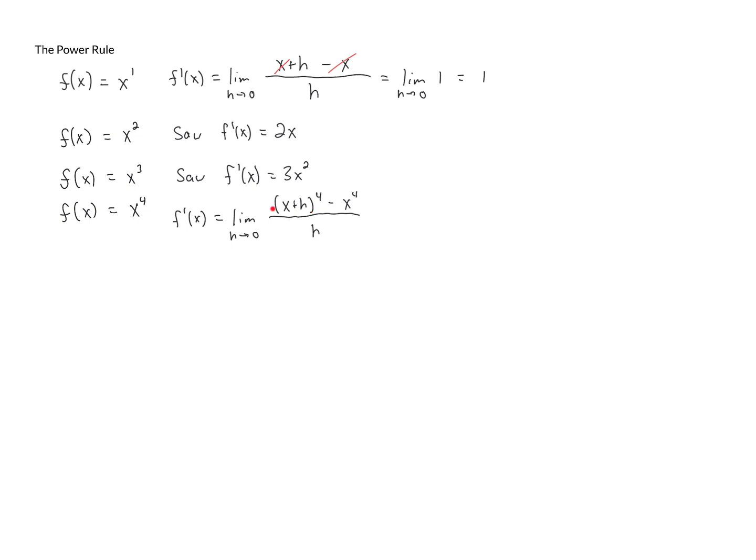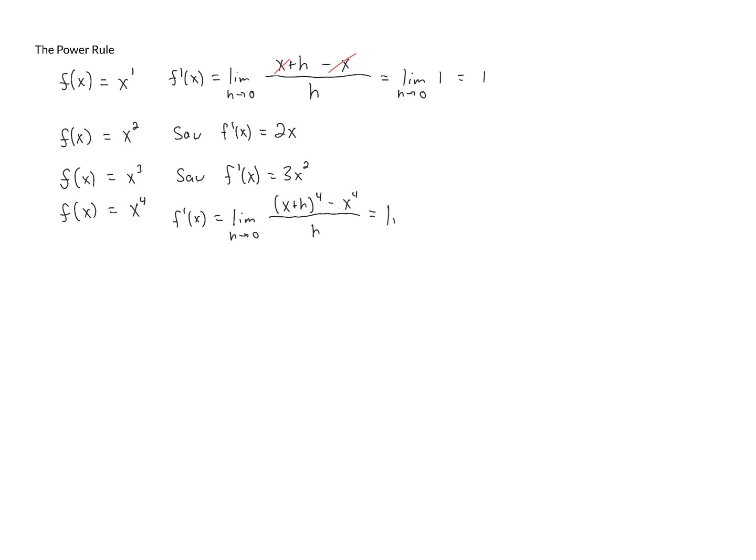Now, we have to expand x plus h to the fourth power, and I am not going to do that in this video. I don't want to make this video really long. Also, at this point, you should have the algebraic capacity to do that on your own. So I'm going to leave that as an exercise for you, and I'm just going to give you what we get when we do that expansion.